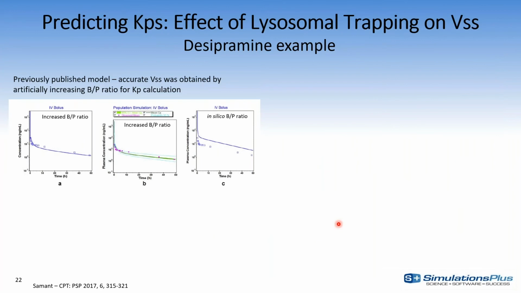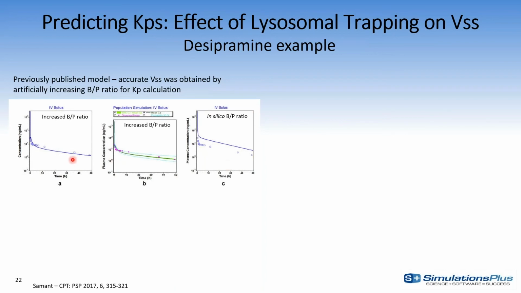Finally, I'm going to give you an example of capturing the effect of lysosomal trapping. In this example, it's a strong basic compound. In the past, we used the in silico blood to plasma ratio to predict the volume distribution for IV bolus administration.